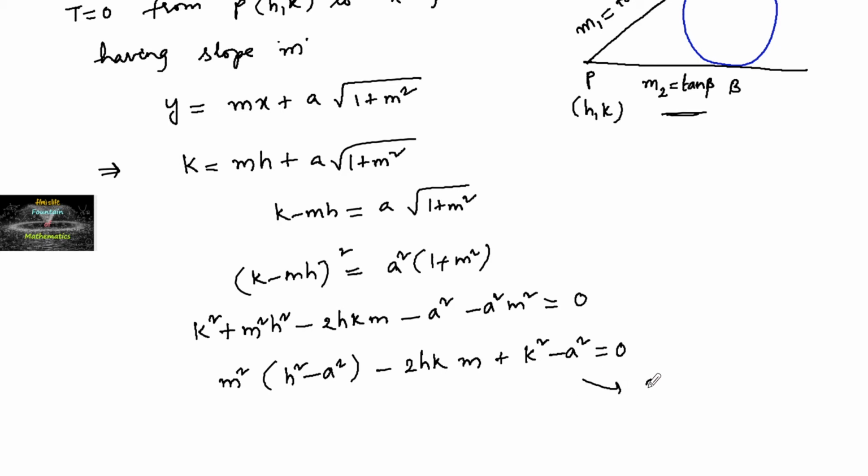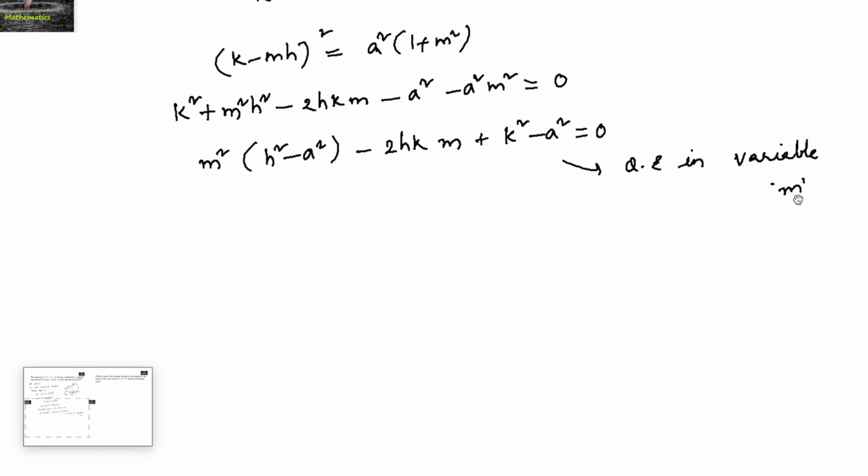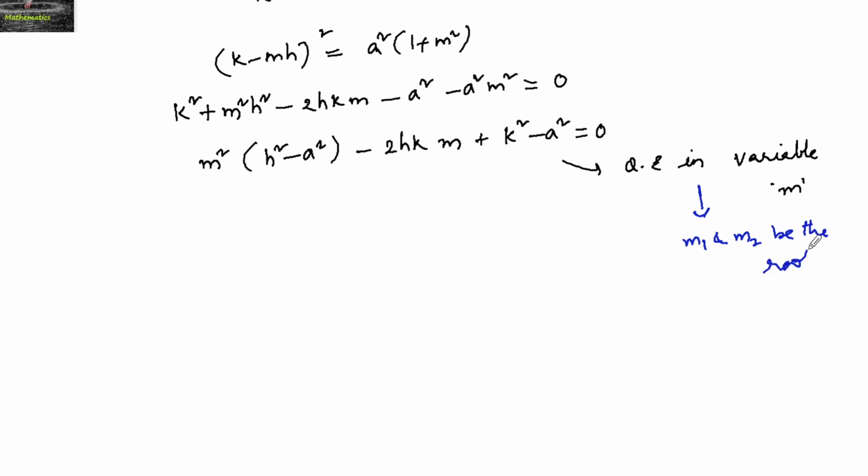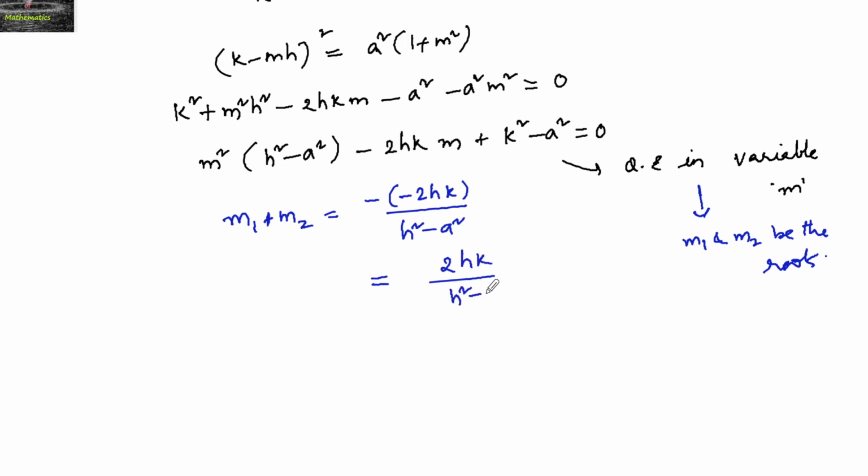So this is a quadratic equation in the variable slope m, whereby we have two roots. Let's consider m1 and m2 are the roots. So the sum of the roots m1 + m2 can be taken as −b/a, that is −(−2hk)/(h² − a²), so that is 2hk/(h² − a²).